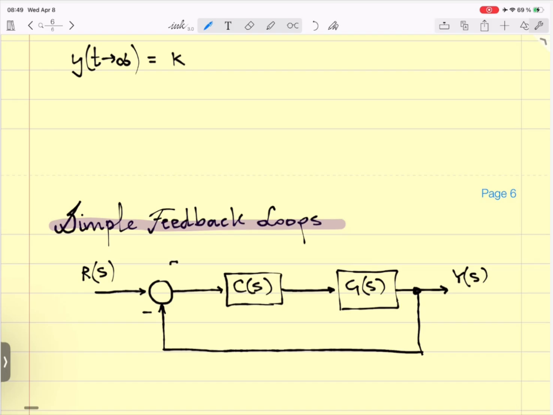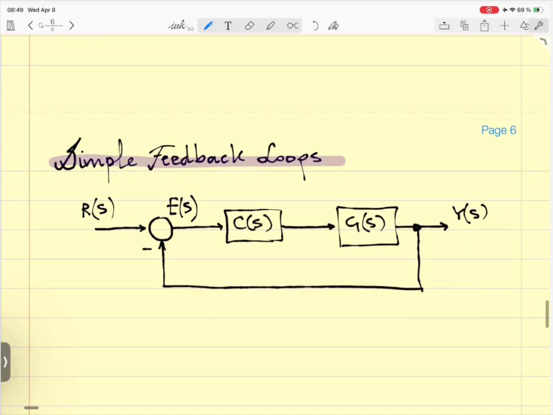So as a result, we're going to get an output here called ES. Oh no, and I installed also here some intelligence into the feedback loop.